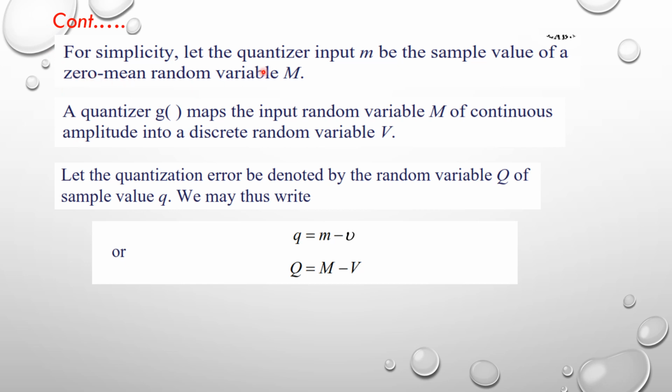For simplicity, let the quantization input m be a sample value of a zero mean random variable M. The quantizer g(.) maps the input random variable M of continuous amplitude into a discrete random variable. Let the quantization error be denoted by a random variable Q of sampled value q. We may write q is equal to m minus v.